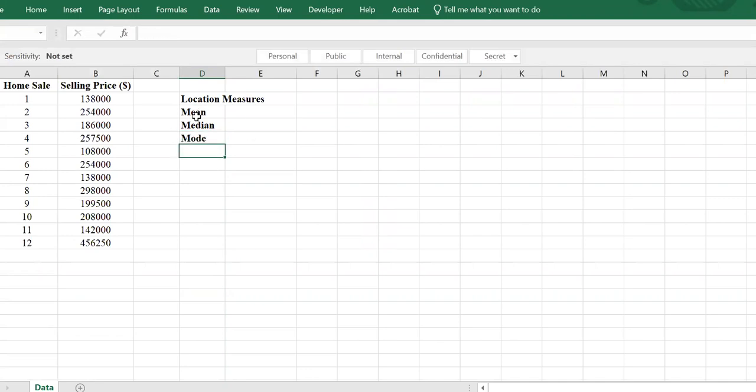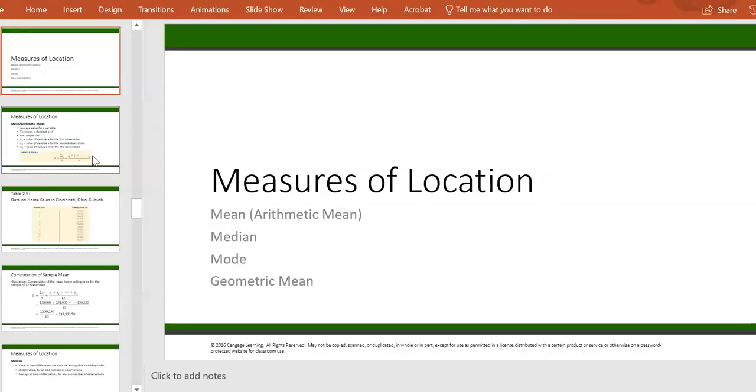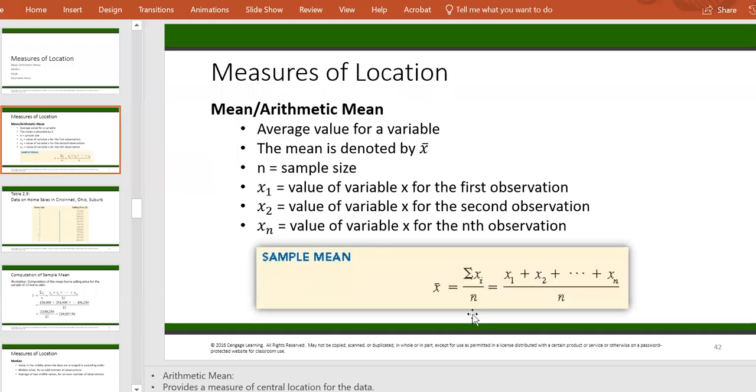Okay, so mean is simply the average, and for the formula, we're not going to talk about it. You're not supposed to use these mathematical formulas here, but you should know the definition. You should be able to interpret and understand the formula. But when it comes to our course, when it comes to Excel, you just need to know the Excel function for computing it.